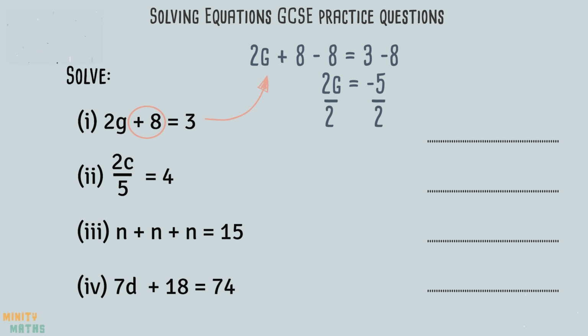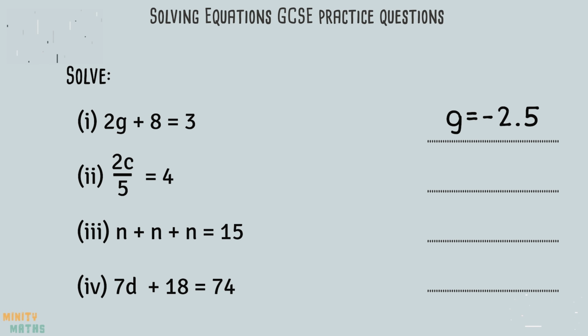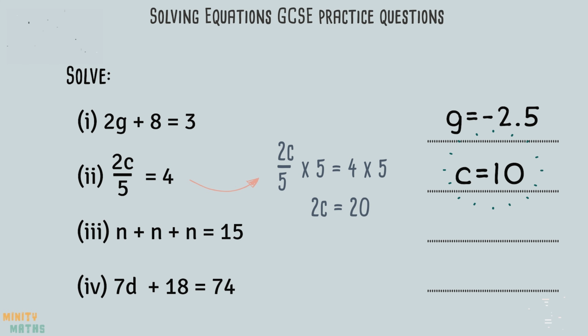Therefore, 1g is half of minus 5. For the second question, we need to firstly find out what 2c equals. So, we can multiply both sides by 5 to get rid of the division. We then divide by 2 to find out what 1c equals.